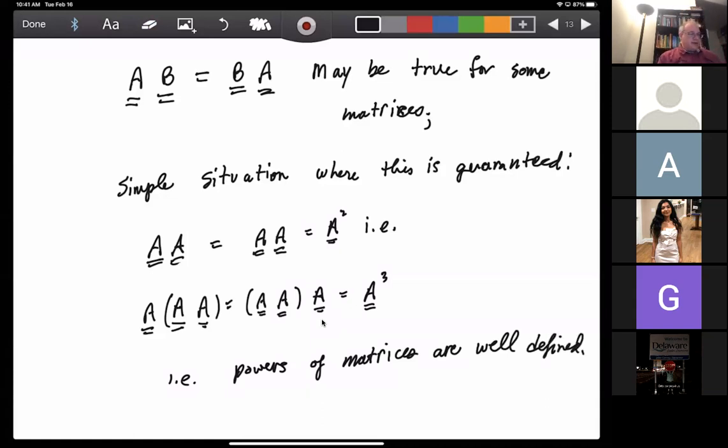If I want the third power of the matrix, it really doesn't matter how I break down computing that. However I try to build up to A cubed, I'm guaranteed to get the same result.